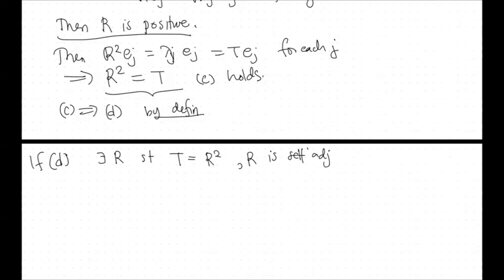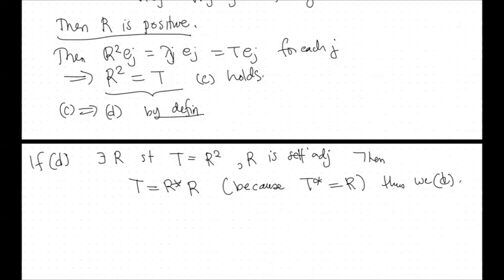Then T is just R star R. Because R is self-adjoint, we get T star is just equal to this. Thus, we have our E.